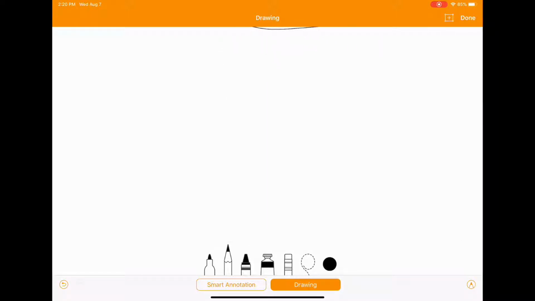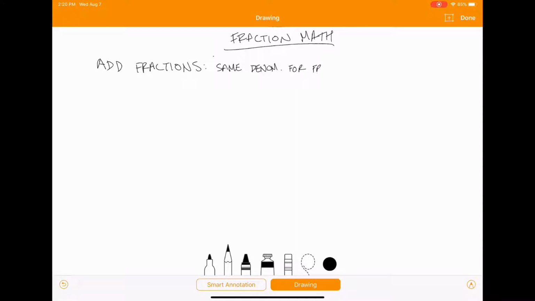So let's go ahead now and talk a little bit about fraction arithmetic. So if you want to add fractions, you have to have the same denominator for the fractions you're adding together.